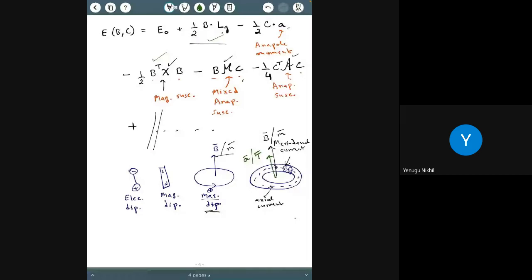People did not realize the existence of this anapole moment for a long time, till about 1954. Before that, all the expansions for energy in terms of moments did not include the anapole moment.